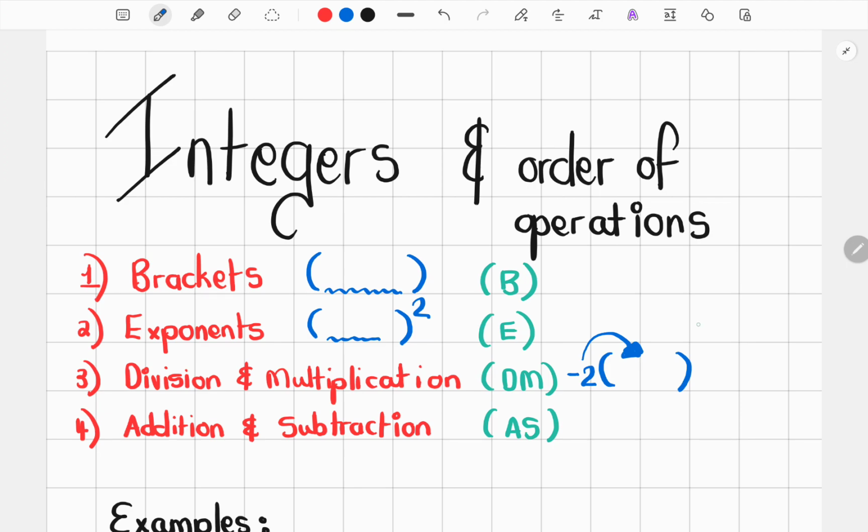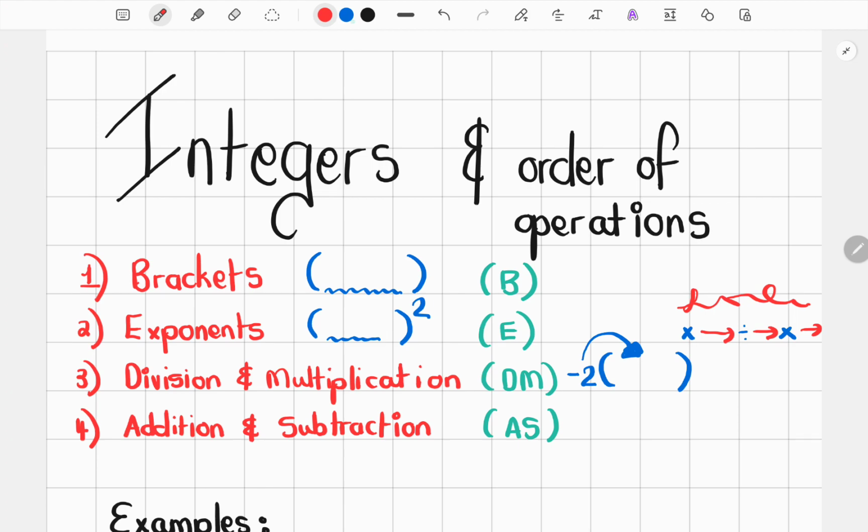But also if you've got multiplication and division and another multiplication, you don't go and do the division first just because it says division first. You work from left to right. You start from the left hand side and work through the sum from left to right.